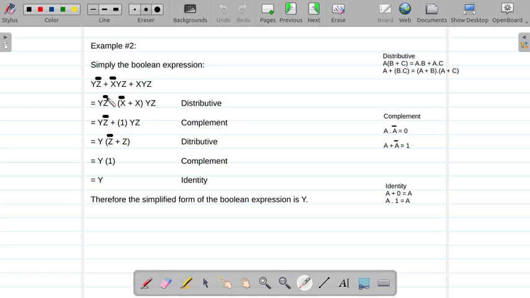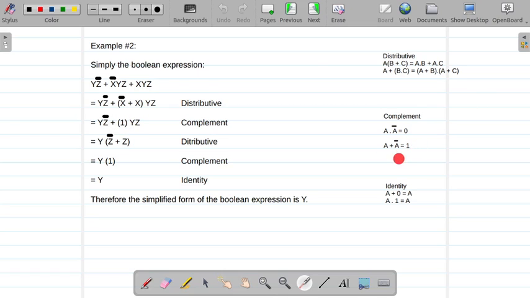First, in this expression, the common factor is Y and Z. Using the distributive law, complement X plus X and YZ becomes 1 using the complement law.